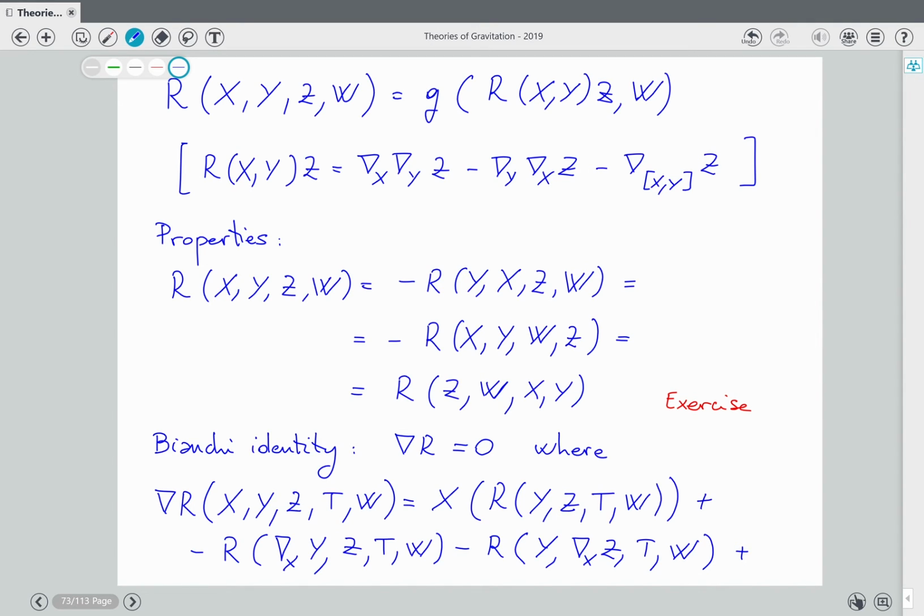If you exchange the first two, then you can lower or raise the indices. That means switching from a basis of differential forms to a basis of vectors. Here they are all vectors, so all vectors or all differential forms, it means to raise all indices or lower all indices. Then you have anti-symmetry in the first two and in the second two, and you have symmetry when you exchange the first couple with the second couple.